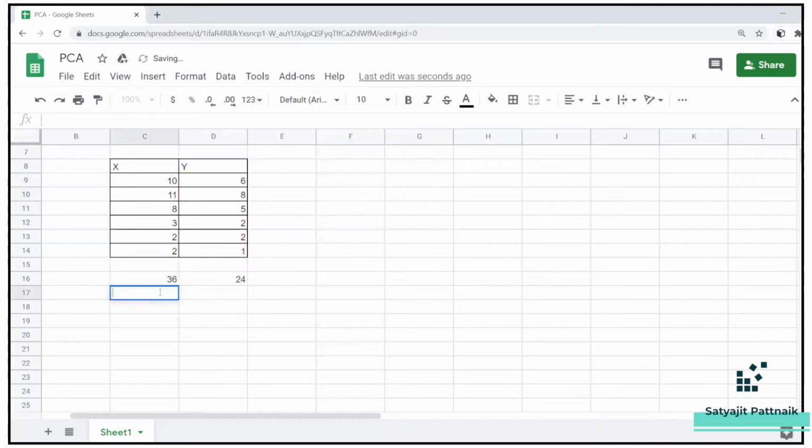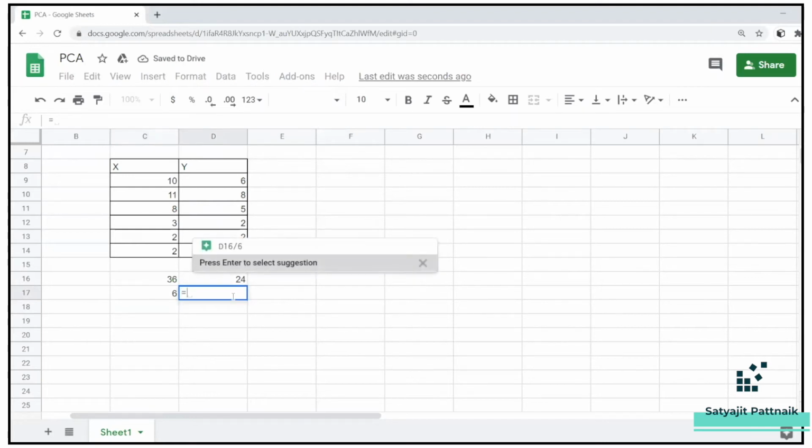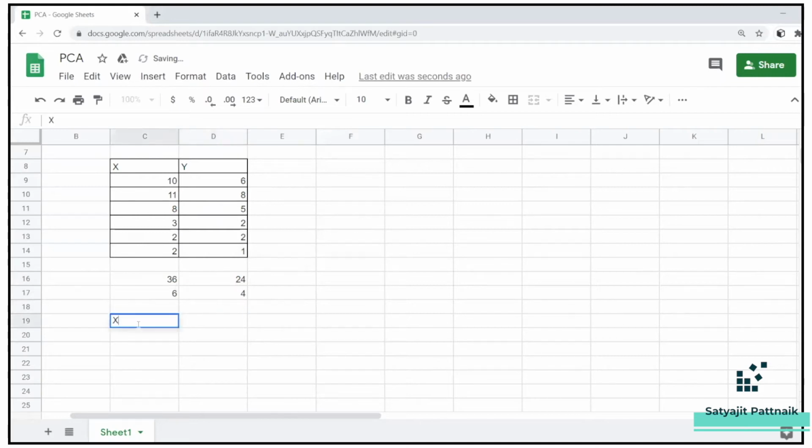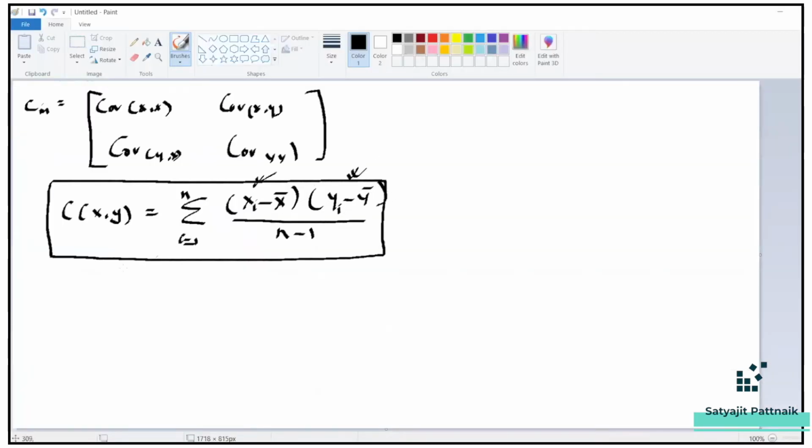Let's say so the mean value will be this divided by 6, right? And the mean value of this will be this divided by 6. So x dash equals 6 and y dash equals 4, right? So here my x dash is 6 and y dash is 4.